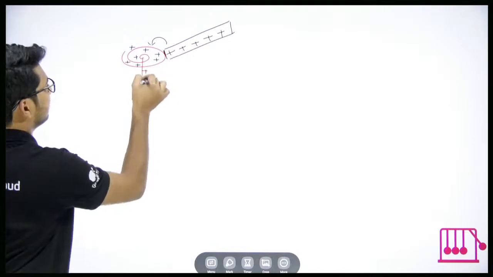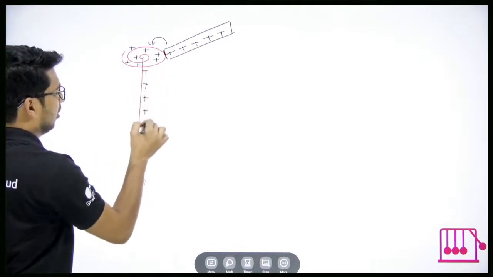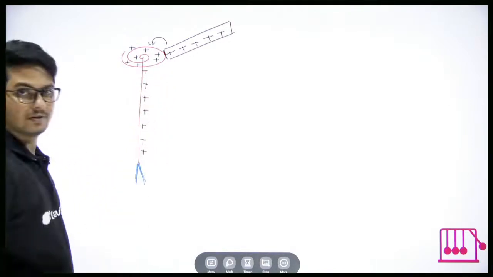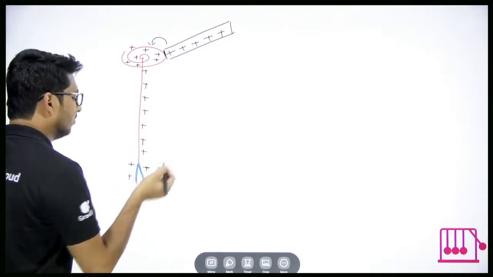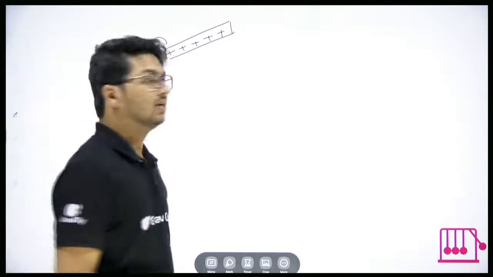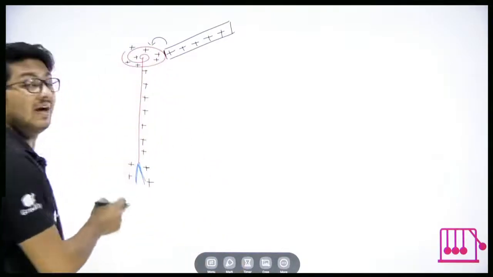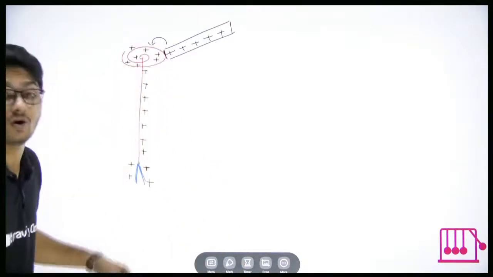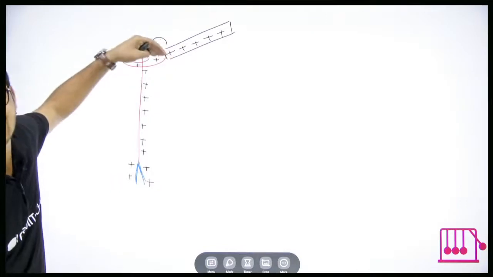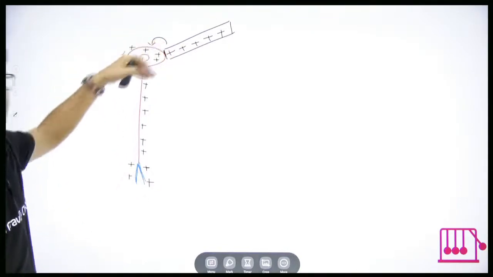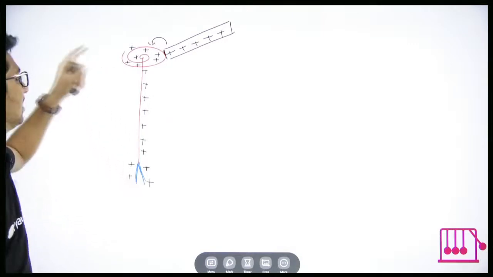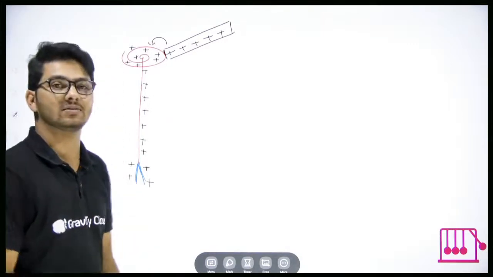From there, they will flow onto the rod, and from the rod, they will flow into the leaves. All of them are conductors, because charges should flow from the metal disc at the top to the leaves. That is the reason why we take all of them to be conductors.